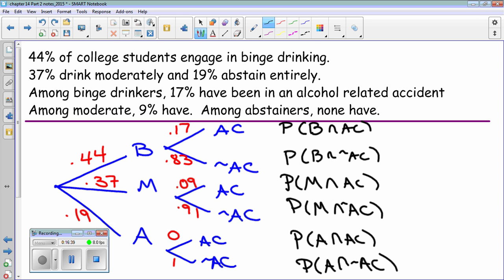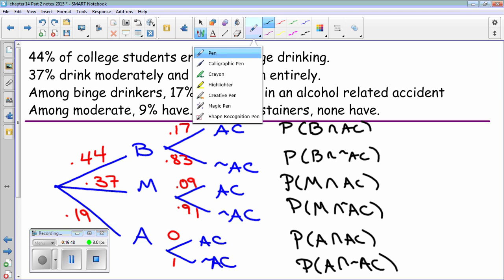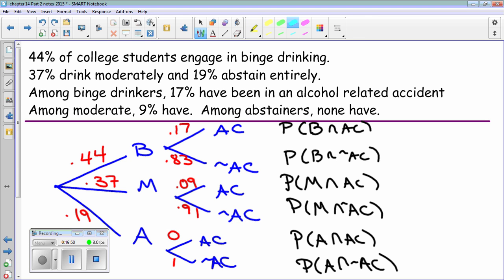So we need to find all these probabilities. I don't have them written here, so I'm just going to have to do the math along with you. Remember that you're going to go along your branches. So moderate and accident goes here. Those are what you're multiplying by. Whatever you're looking for, you're going to go along your branches and multiply to get what you're looking for.